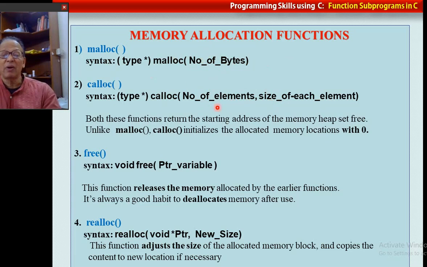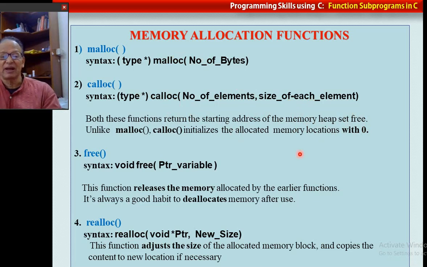Now what is the difference between malloc and calloc? Very simple. When malloc is used, it simply creates the memory, but it will contain some junk value. But in the case of calloc, all the memory locations will be assigned 0. Please remember this. Sometimes they ask this question. So calloc assigns 0 to all the memory locations. You don't have to initialize.